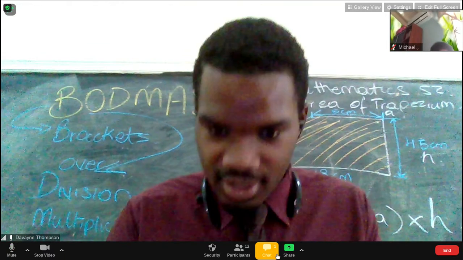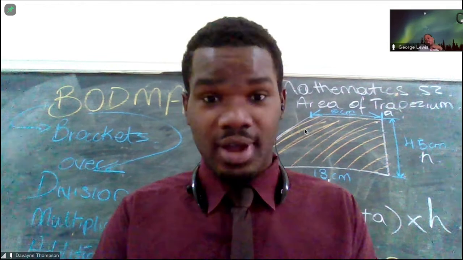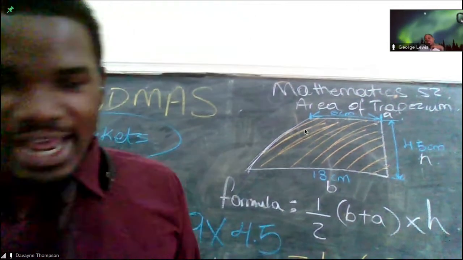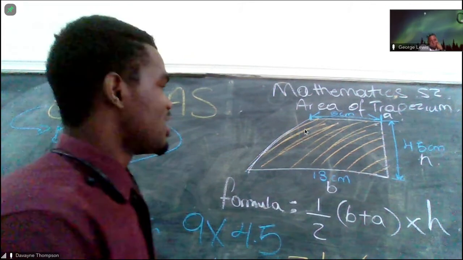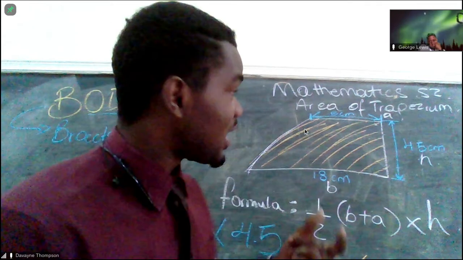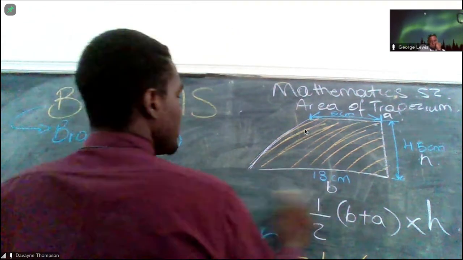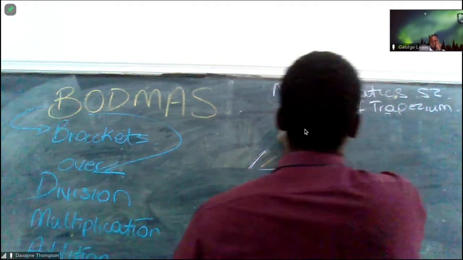Circles are objects that don't have any corners. And we learned the area of a circle last term. We learned the area by the formula. But what if I don't want to know the area of an entire circle?